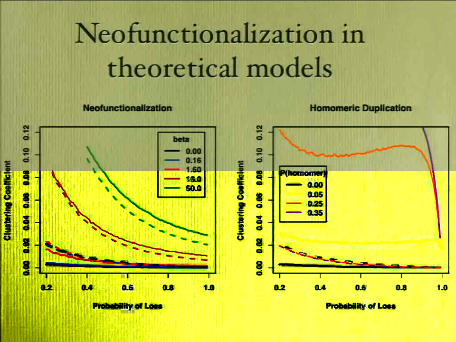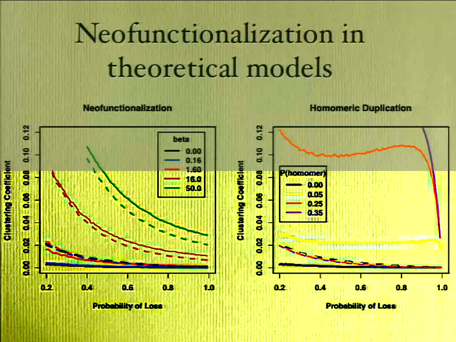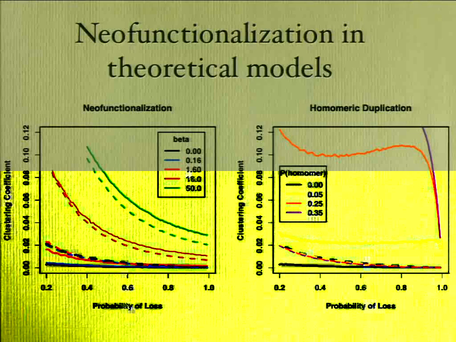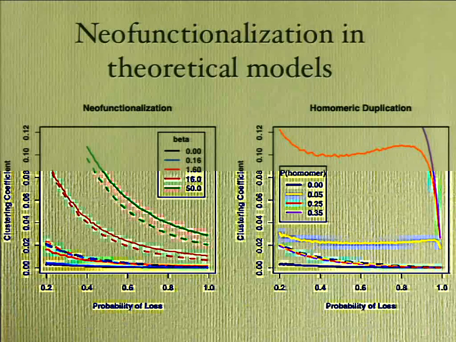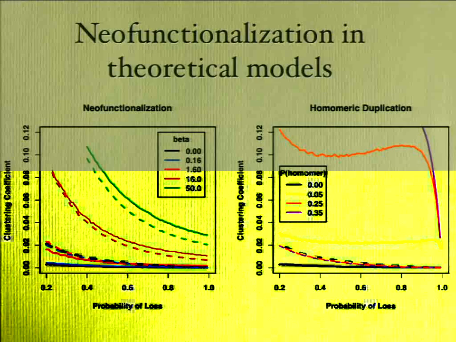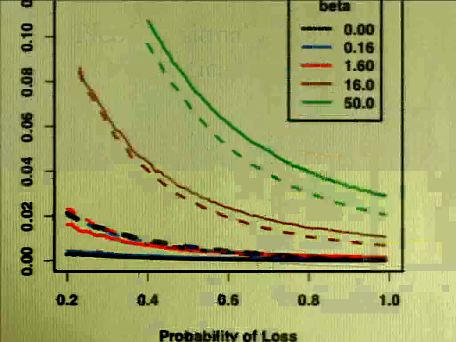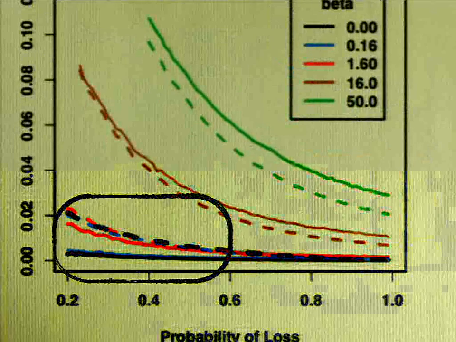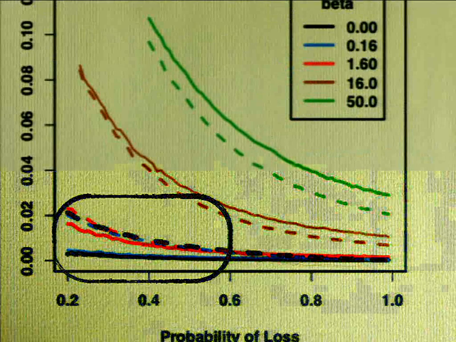Now, let's focus on the left plot first. The additional mechanic being added here is neofunctionalization. So after you deal with the gene duplication and the subfunctionalization, now you're going to have some random edges. And that beta parameter there represents, on average, the number of random edges being added with each duplication.